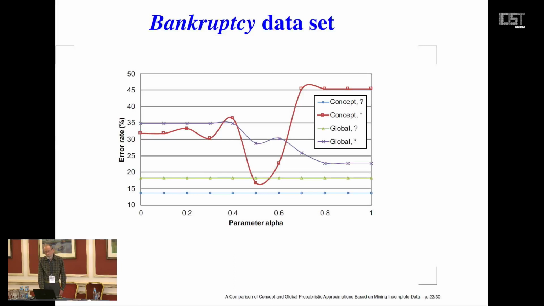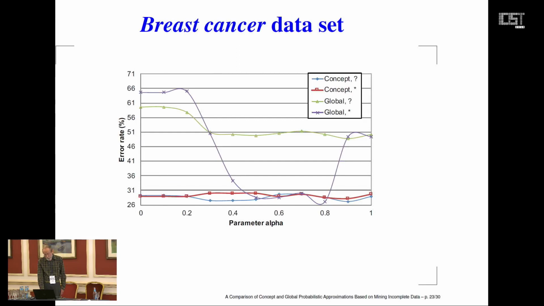You can see that depending on the type of approximation and interpretation of missing attribute values, there are huge differences between all four approaches. Let me repeat, we used concept probabilistic approximation and global probabilistic approximation, both combined with lost values and don't care conditions.